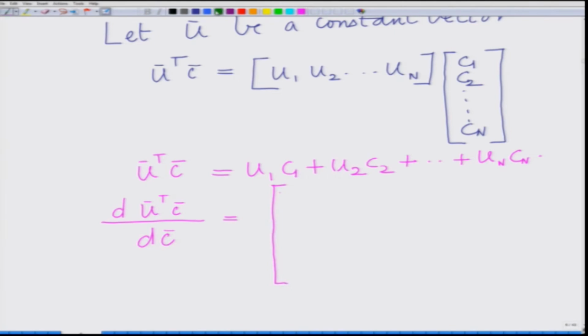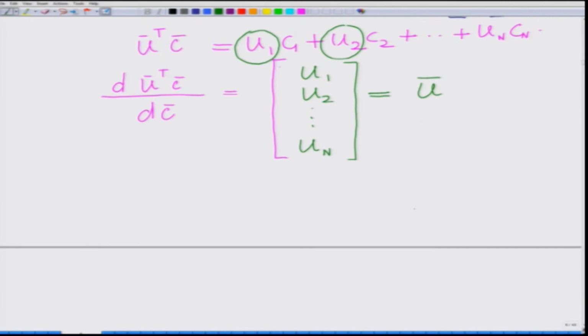Now, you can see this is nothing but the derivative of u bar transpose C bar with respect to C 1, which is u 1, with respect to C 2 the partial derivative will be u 2, and so on, with respect to C n the partial derivative is u n, and therefore, this is equal to nothing but the vector u bar.